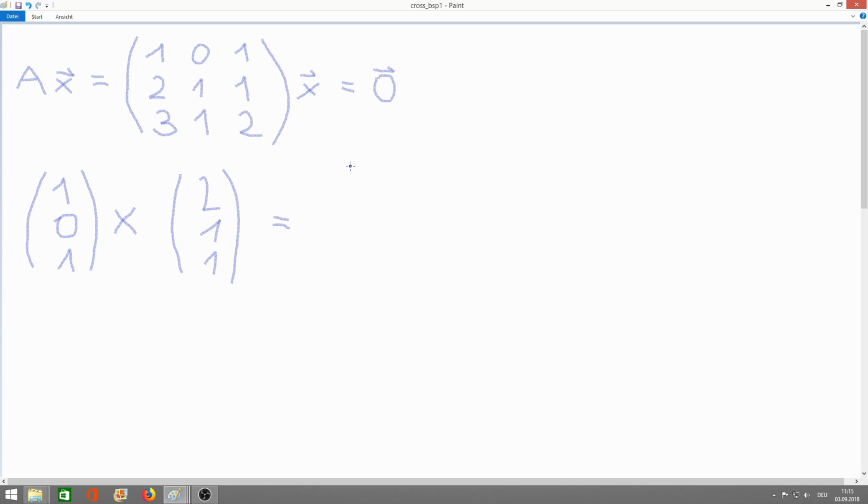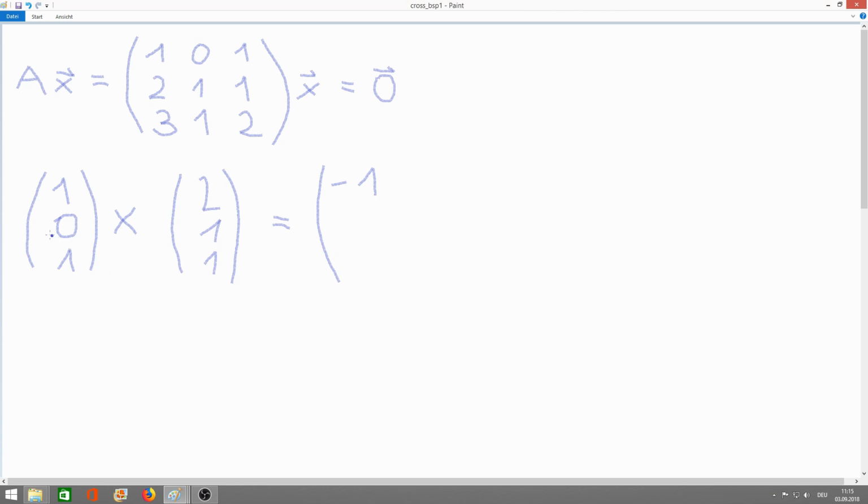How do you calculate this cross product? For the first entry, you have to ignore this here and calculate 0 times 1 minus 1 times 1, which is minus 1. So the first entry is minus 1.